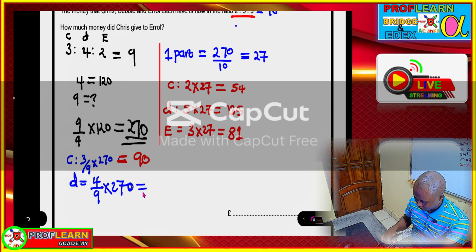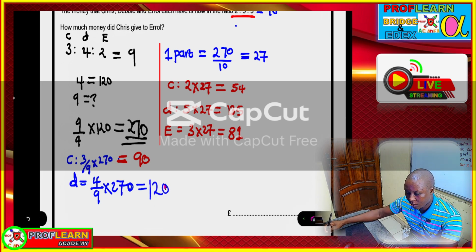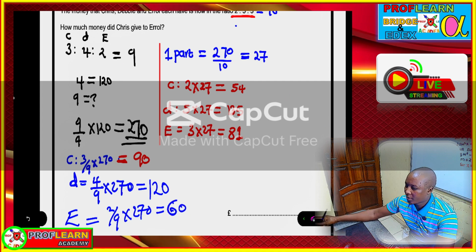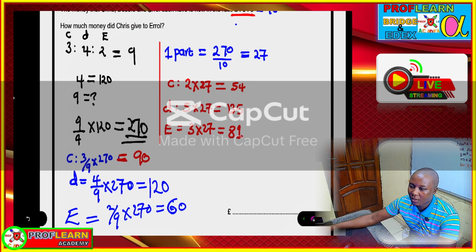So that is 4/9 times 270. So this is actually 120. Errol was having 2/9 times 270. So this is going to be 60. Now we have just tried to analyze this. Chris gives some money of his share to Debbie and some of his share to Errol.